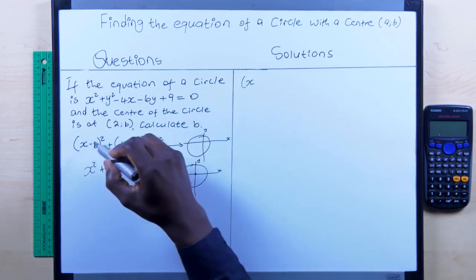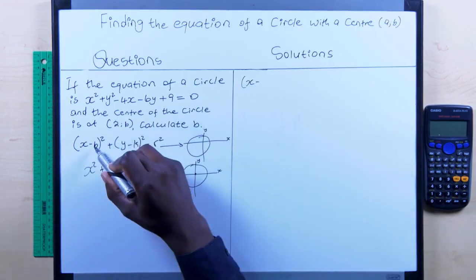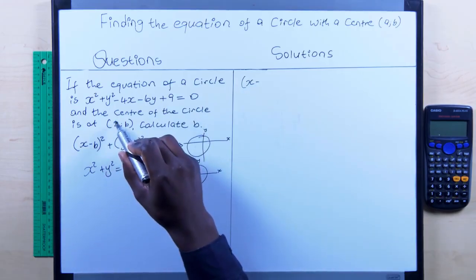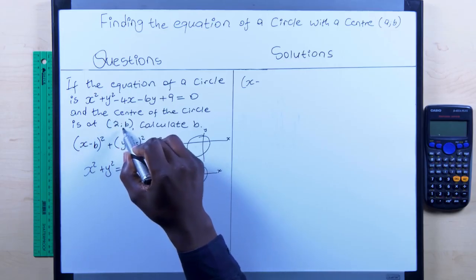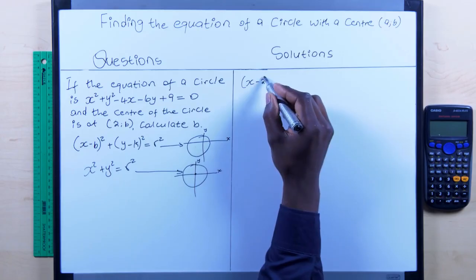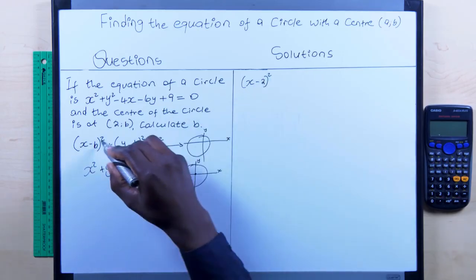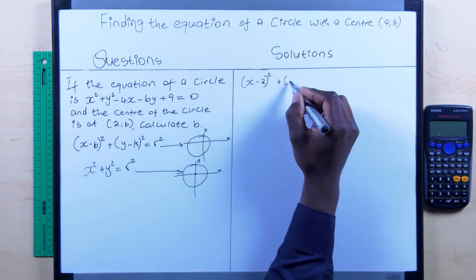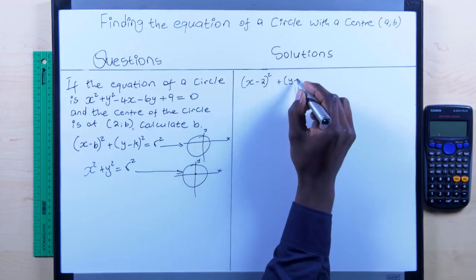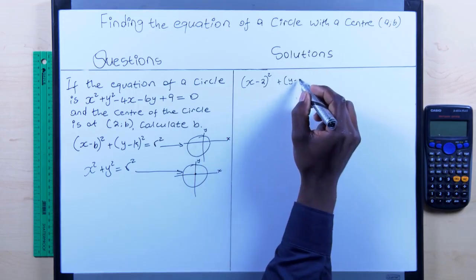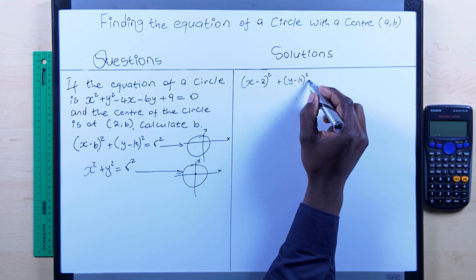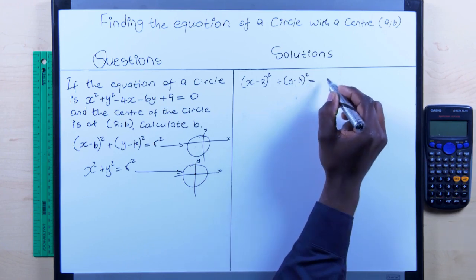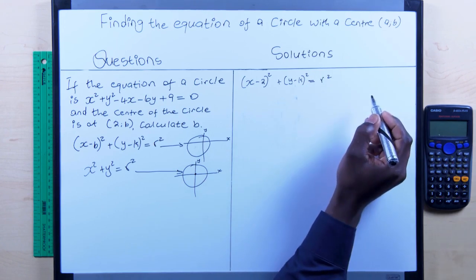So we're going to use this equation: x minus 2. Why did we choose 2? Because 2 is the x coordinate of this center. Following the equation, plus y minus k, all squared, is equal to r squared.